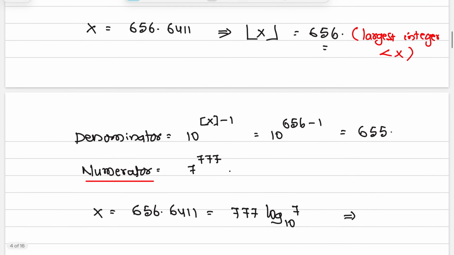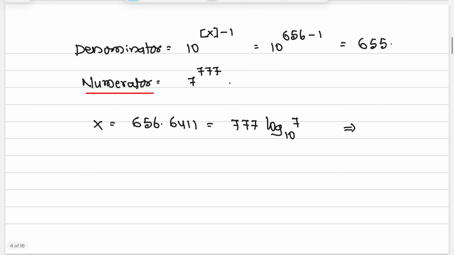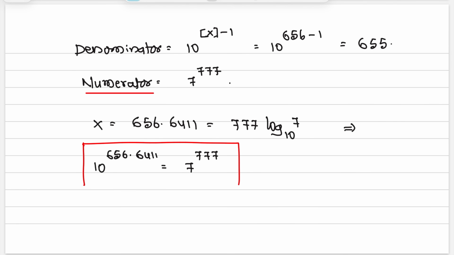Which implies, from the basics of logarithms, 10 to the power of 656.6411 is equal to 7 to the power of 777. Because this is nothing but log base 10 of 7 to the power of 777.